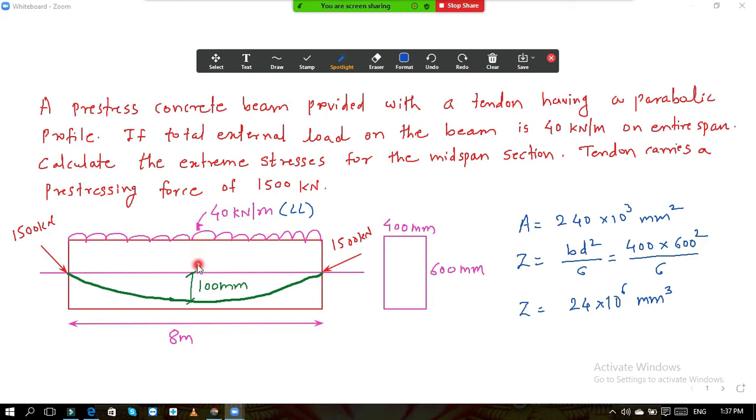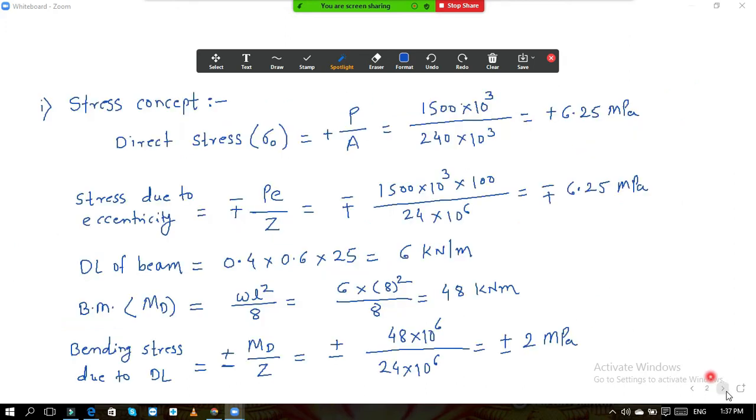So if this downward load is there, it will push this neutral axis down. So the profile of this neutral axis will be sagging profile. So again, for sagging profile, compression is at top, tension is at bottom.